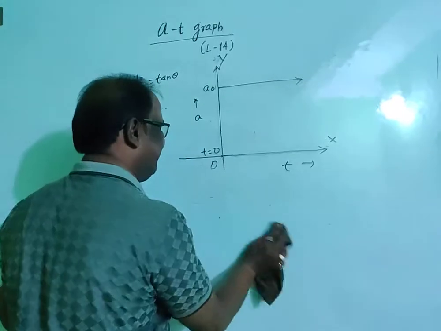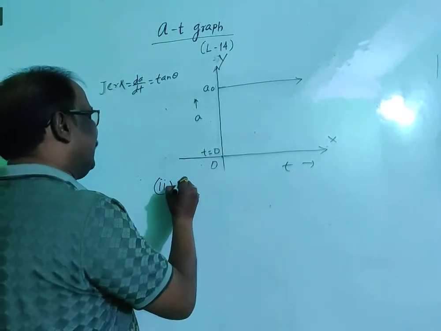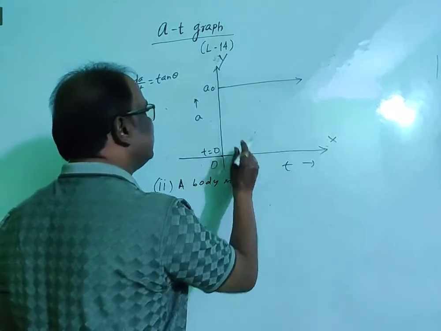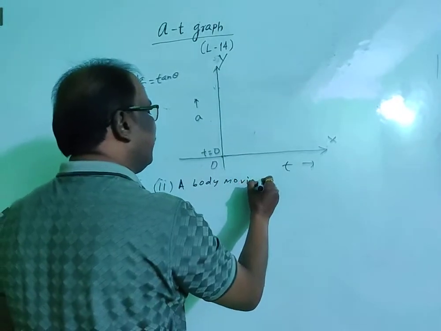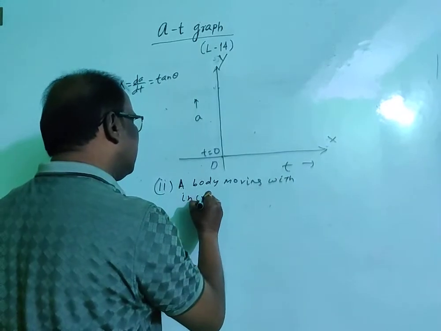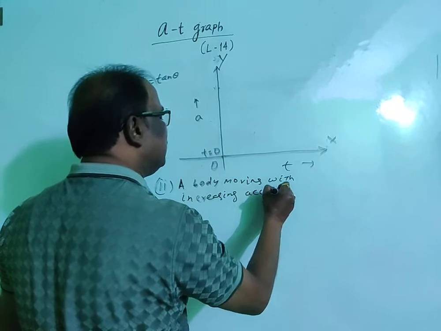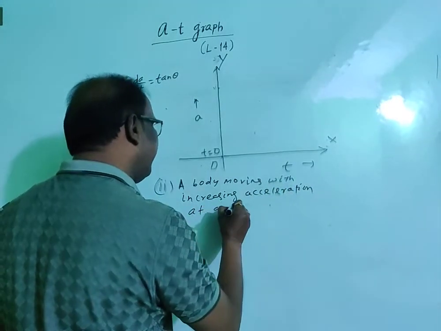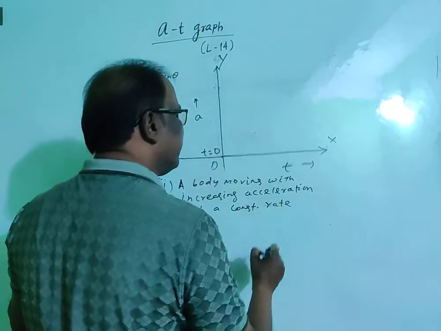Number 2. Second, a body moving with increasing acceleration at a constant rate.